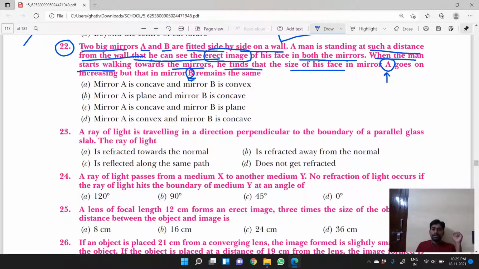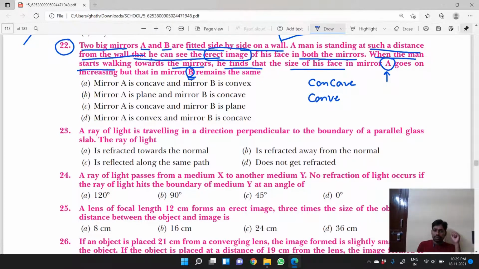The mirrors which produce virtual images are: one, concave; second, convex; third, plane mirror.